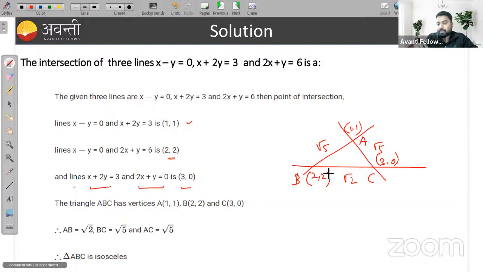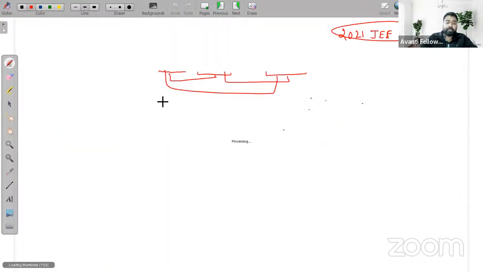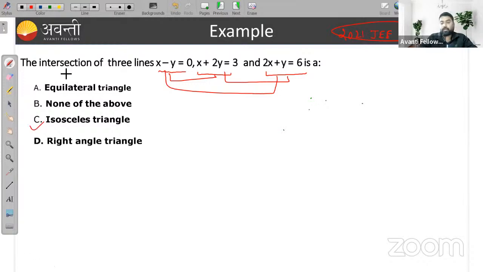The name can be anything. So that means it's an isosceles triangle. Yes or no? If two sides are equal, BC and AC are equal, that means it's an isosceles triangle. So option C is correct.